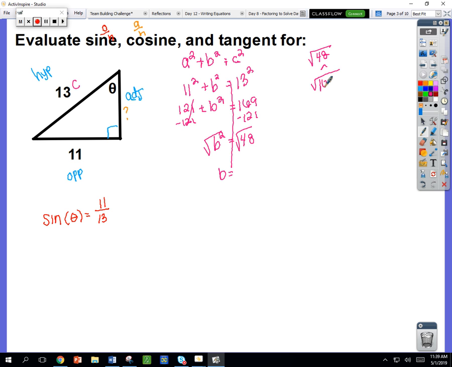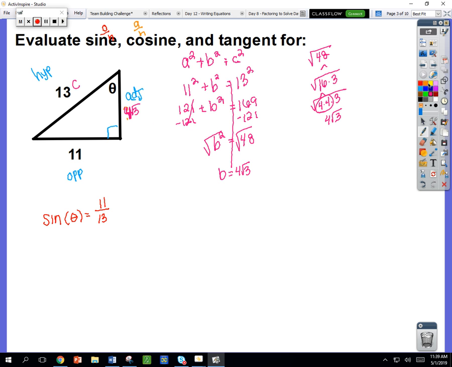And I can break this down to 16 times 3. 16 is 4 times 4. 4 is a couple. So this is 4 square root of 3. Again, it's technically plus or minus, but that doesn't make any sense in this case because I can't have negative 4 square root of 3 as a side. So this adjacent side is 4 square root of 3.